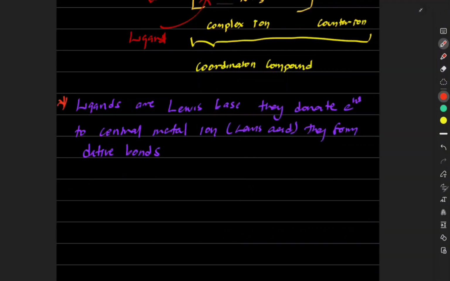If we want to find the charge of the complex, there is an equation for it. Let's find it out.